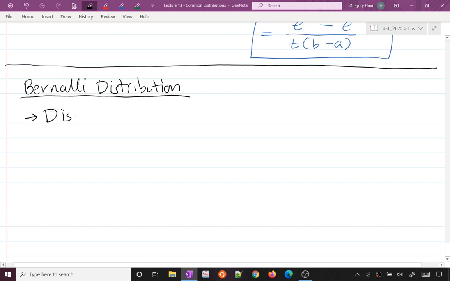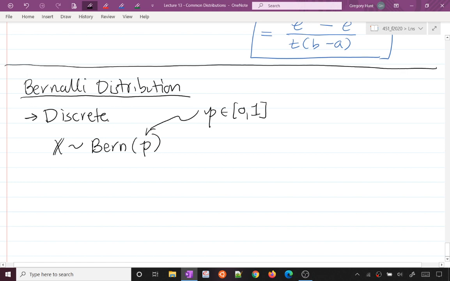And it's actually almost even simpler than the uniform distribution. So we say x is distributed as, typically Bern for Bernoulli, and it has one parameter p. And this is some probability, some number between 0 and 1.